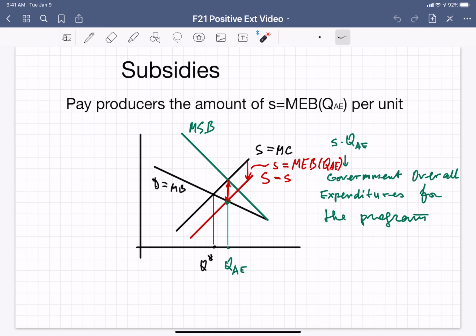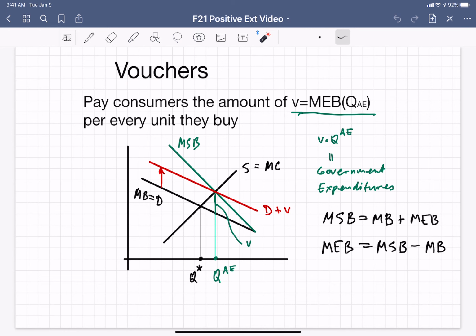And the next thing is to see how vouchers work. Vouchers work very similarly. It's a very similar story, except that now government gives money to buyers, so the demand curve is shifting up. Because the additional money is kind of increasing the benefit, that encourages demand.